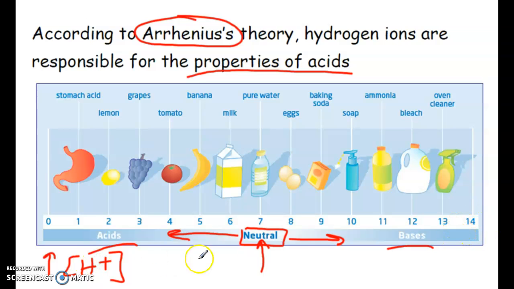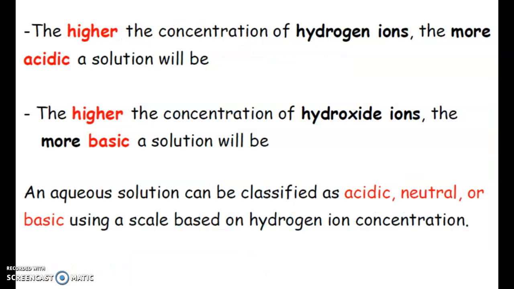So when we're looking at this, we're going to be looking at calculations involving hydrogen ions and how we can determine the pH. As mentioned, it's going to sound like a broken record here: the higher the concentration of hydrogen ions, the more acidic a solution will be and the lower the pH number will go.